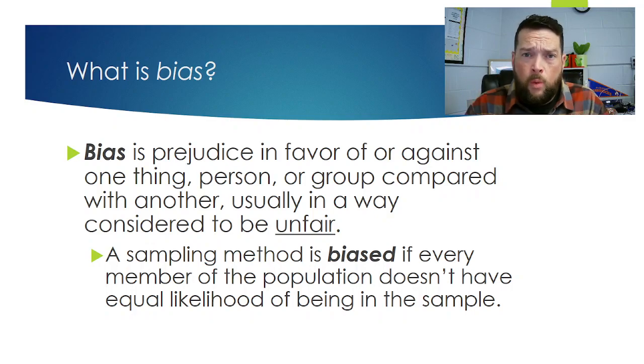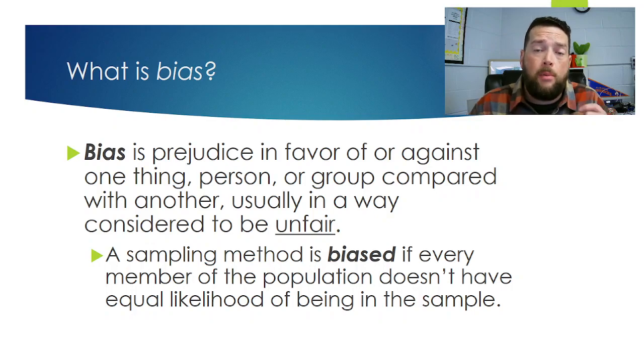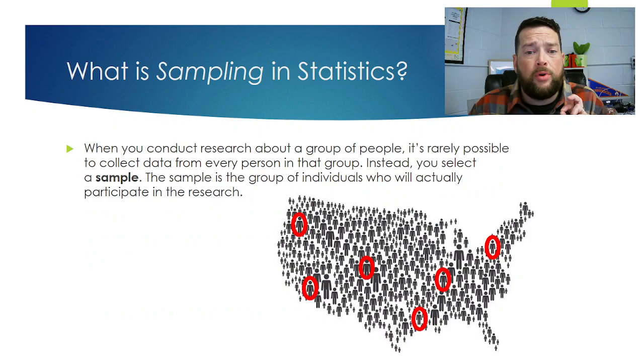And we understand in sampling that a sampling method is biased if every member of the population doesn't have an equal opportunity to be part of the sample. So going back to the previous slide, if we don't have a process for randomly selecting the individuals that are going to participate in this research, then our process is biased because it's not giving everybody equal opportunity to be in the sample.